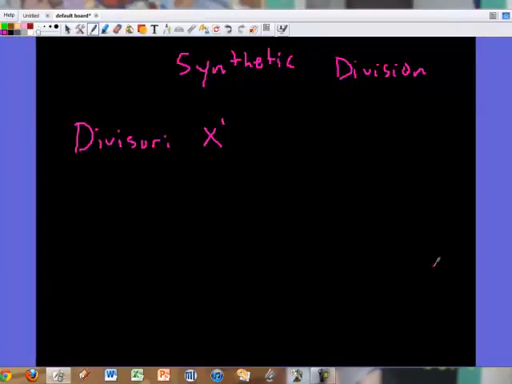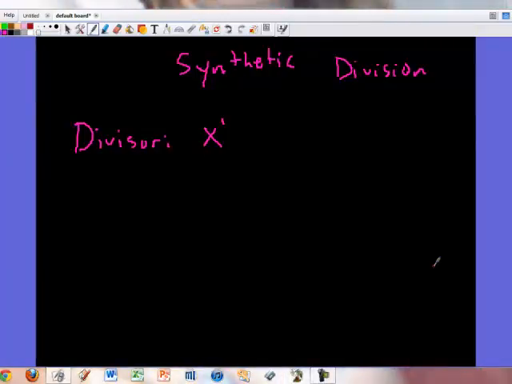X to the first only. Which makes it kind of unfortunate, because you get these long problems, you want to use synthetic division, and you can't. So it has to be x to the first. It's got to be. Sorry. No two ways around it. Now to do this, it's actually fairly simple.